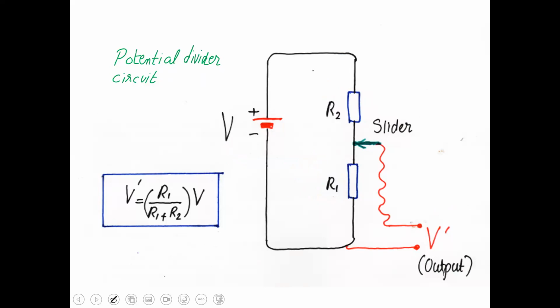Now you have to repeat what a potential divider does. A potential divider divides the current in circuit. A potential divider uses resistors in series and divides the voltage.